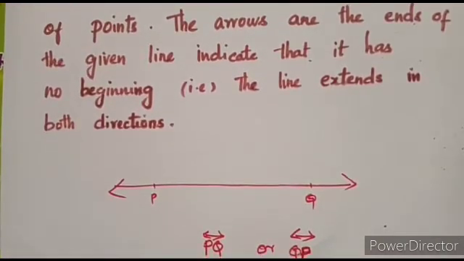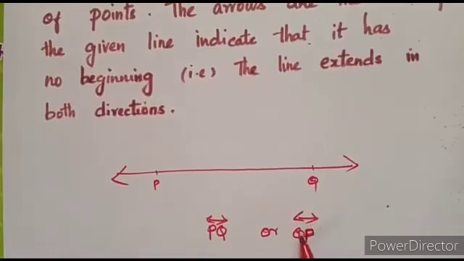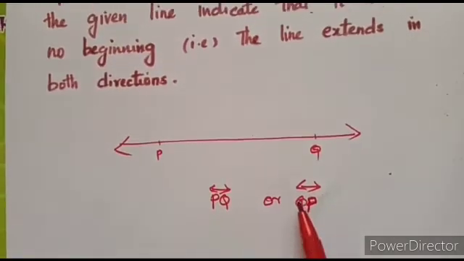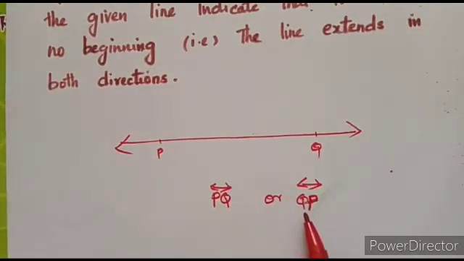Look at this line. We represent it with the letters P and Q. Symbolically, we write this as line PQ or line QP. It is read as line PQ or line QP.